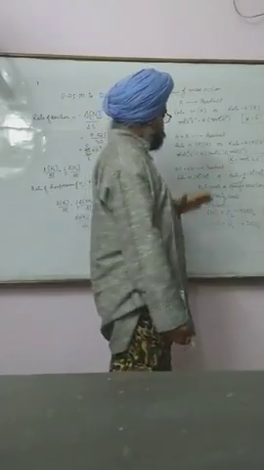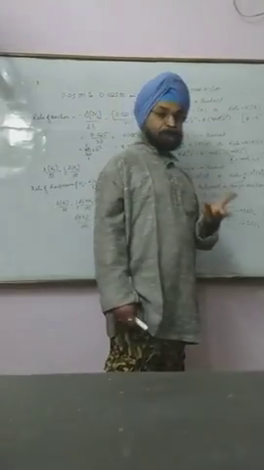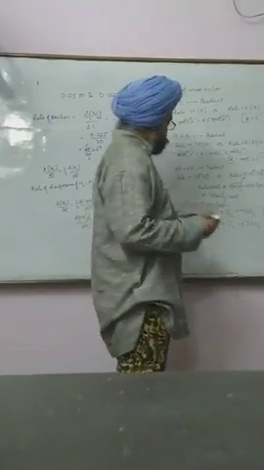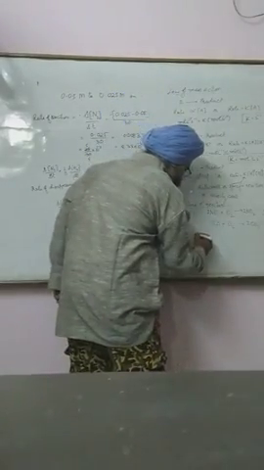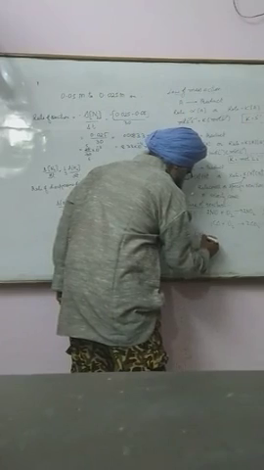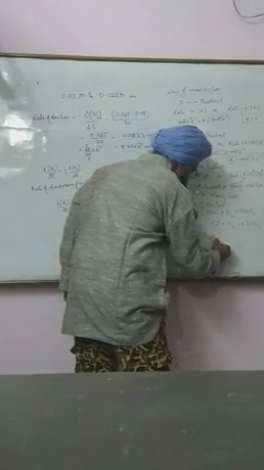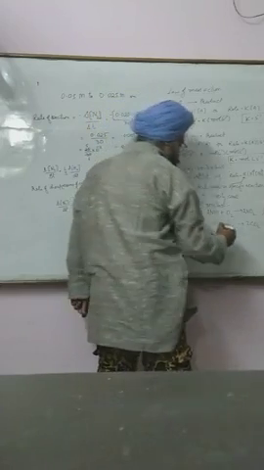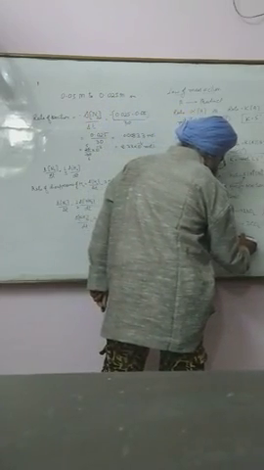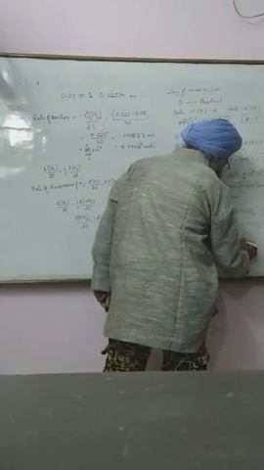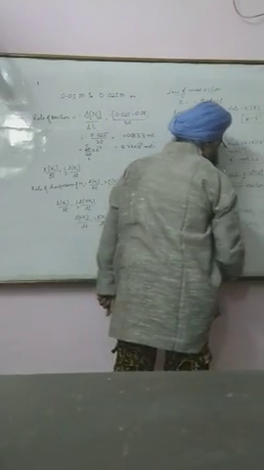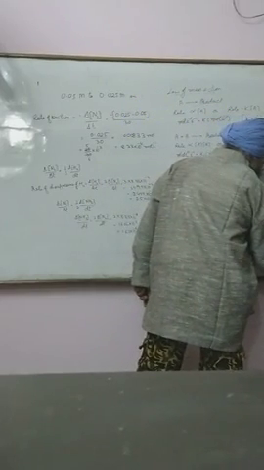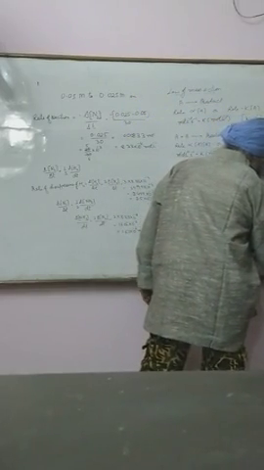But I will give you another example which you will perform in the practicals. The oxidation of ferrous sulfate is much faster than oxidation of oxalate ions using common oxidizing agent permanganate.